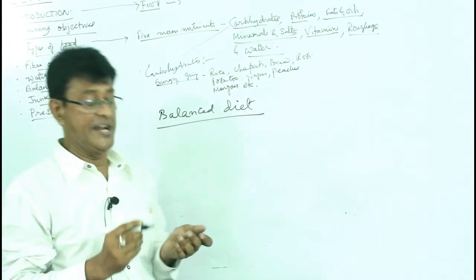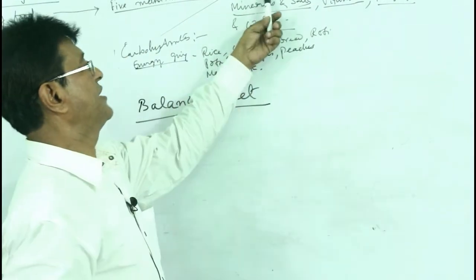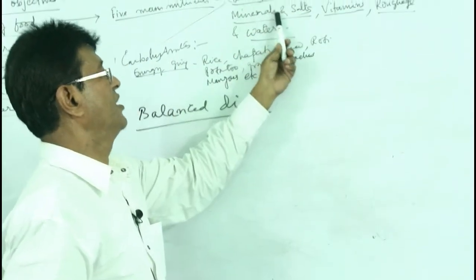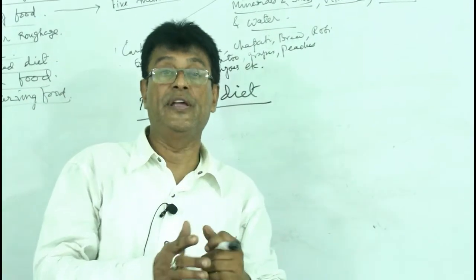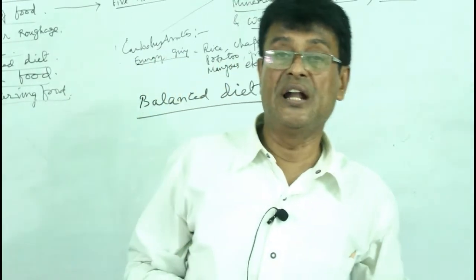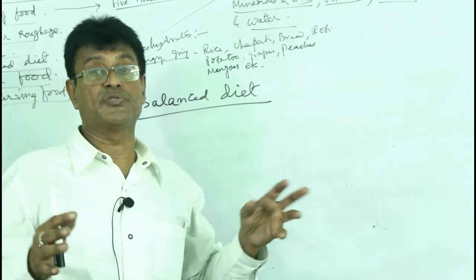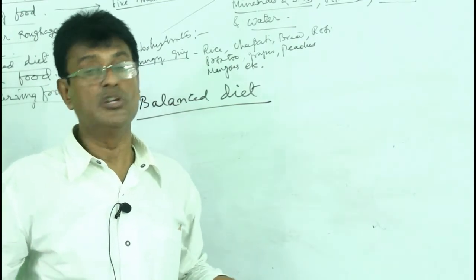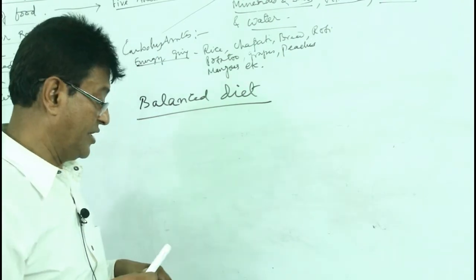In balanced diet, every food item, that means carbohydrates, proteins, fats and oils, minerals, vitamins, roughage and water should be kept in a proper way so that the body will remain very steady and no diseases will be there because the immunity will be more. Obviously, there may be infections and all those.